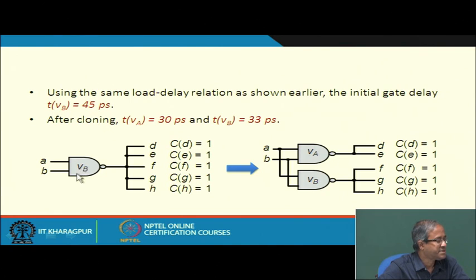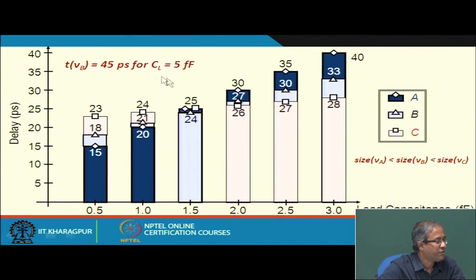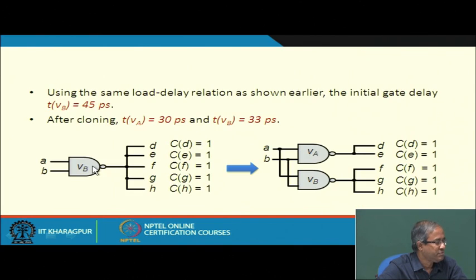This is the gate size B we have taken. Let us look at it once more. For gate size B, for 5 femtofarad capacitance, the delay was 45 picoseconds. So for this case the delay is 45 picoseconds.